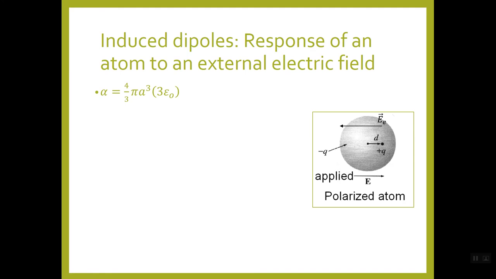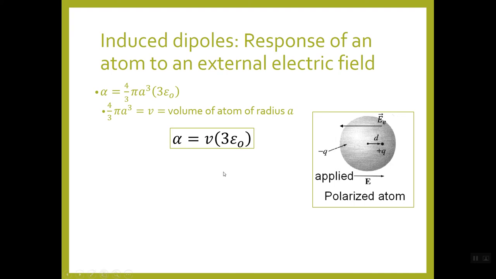If I write it like that, I see that the first term, 4/3 pi A cubed, is just the volume of our atom of radius A. So our atomic polarizability is just the volume of the atom times 3 epsilon naught.